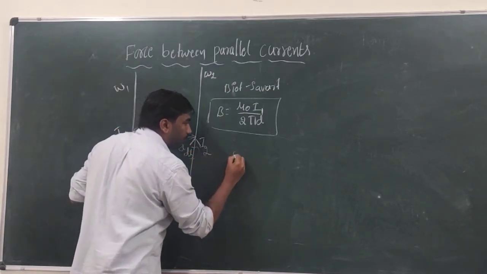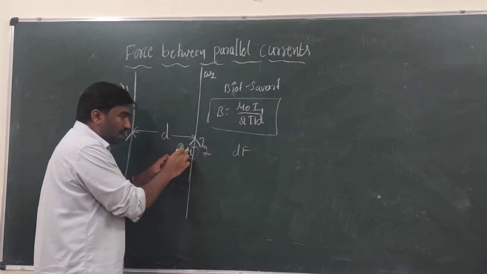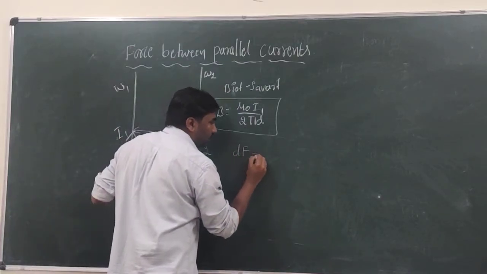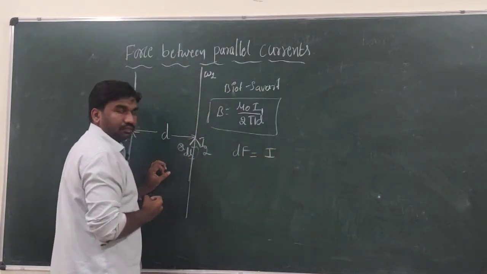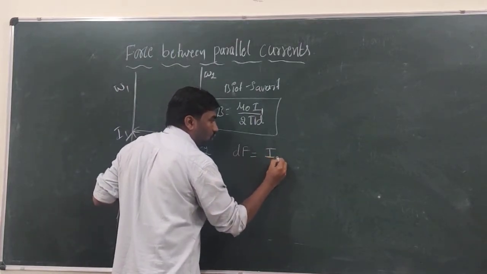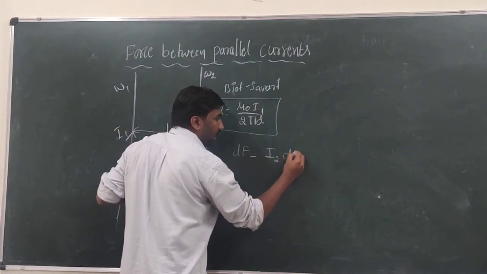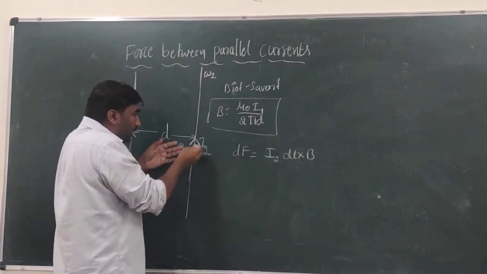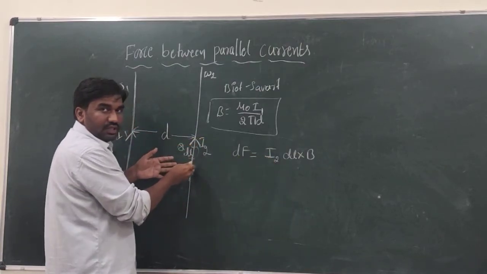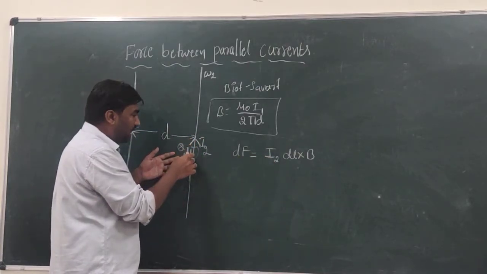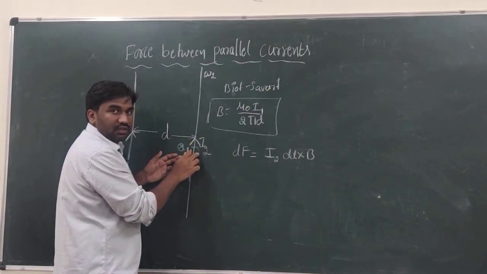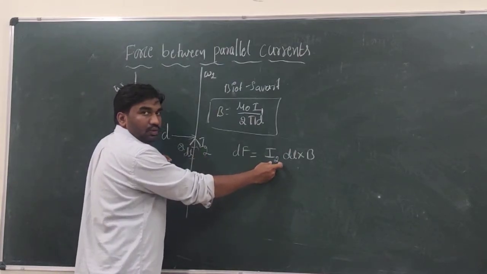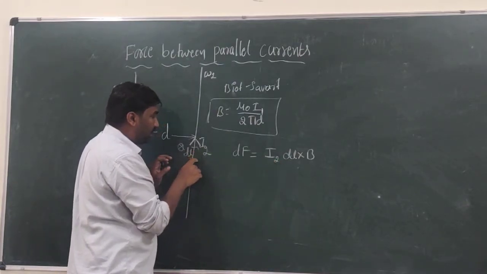So the force dF on this small element dl from this current is equal to the current I2 into dl cross B. This current I2 is the current here, on this wire, because we are calculating the force on this wire. I take the magnitude of the current I2, because the magnetic force depends on the magnitude of the current.